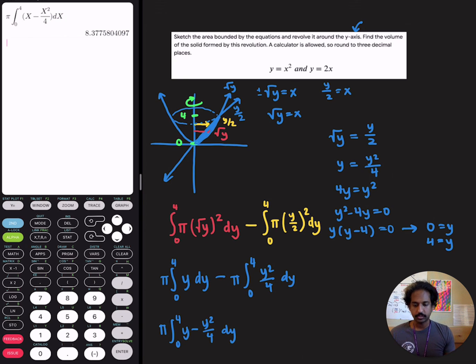And we hit enter, that gives us our final response. And I like to round, but you can truncate it, so either 8.377 or 8.378. And that is our volume of the solid.